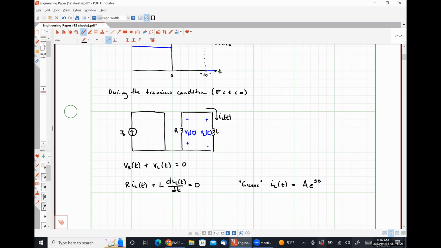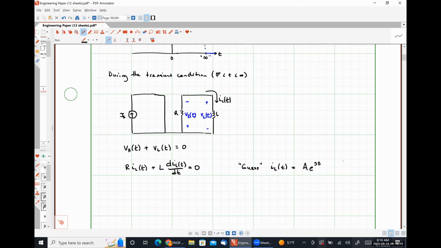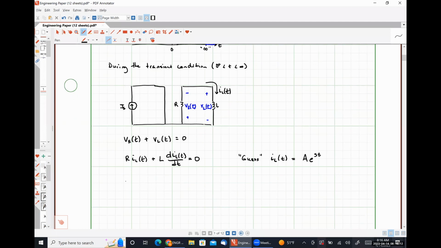If we substitute in this guess for IL of t, we will find that we have R times A e to the st plus sL times A e to the st is equal to 0.